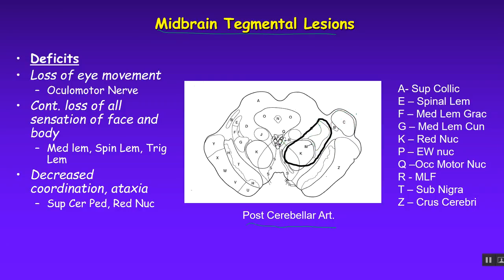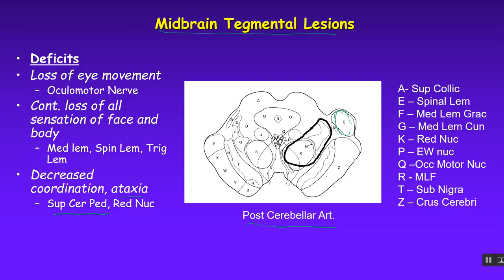Erase. There we go. Decreased coordination and ataxia via the superior cerebellar peduncle. You can't see it here. This is the medial geniculate nucleus, but you really can't see the superior cerebellar peduncle here.